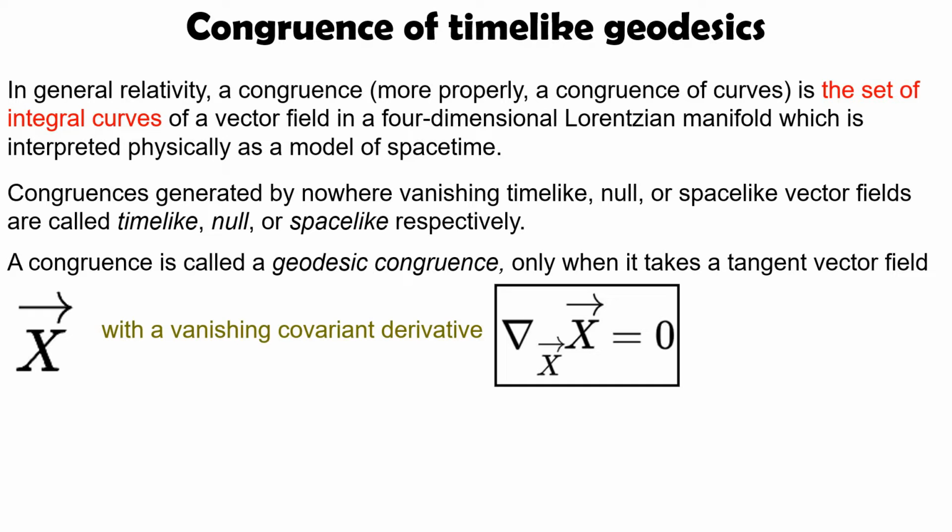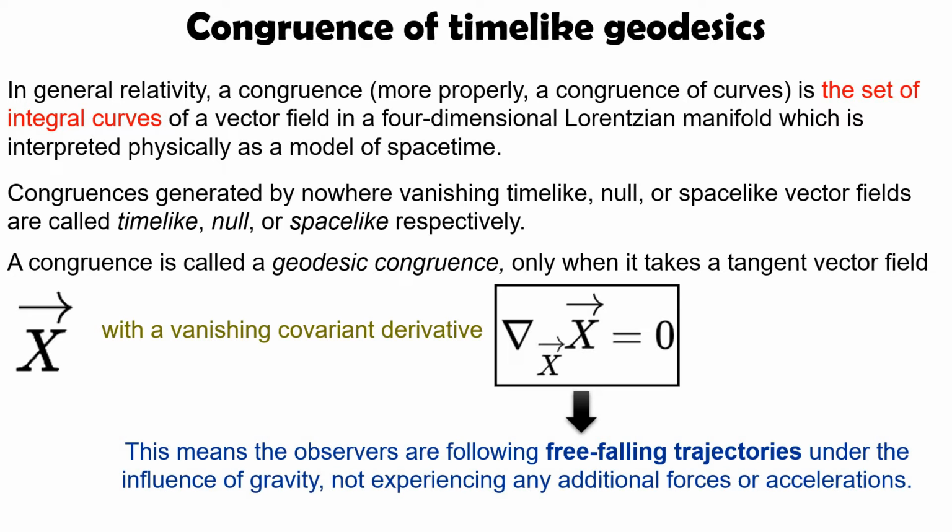And the covariant derivative is what? It is actually a correction term, which I can explain later using the Christoffel symbols, etc. And this is denoted by the nabla sign. So what this covariant derivative denotes is very important. This means that the observers are following free falling trajectories under the influence of gravity, not experiencing any additional force or acceleration.